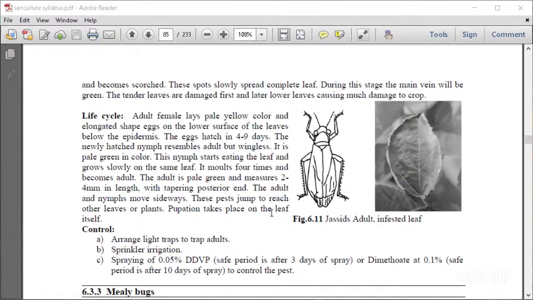The newly hatched crawlers are orange in color. The body is covered by white powdery secretions, giving the name mealybug. The females have three while males have four nymphal instars, which are passed in about 25 to 26 days respectively.